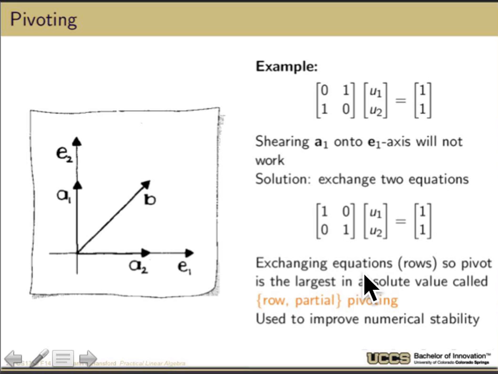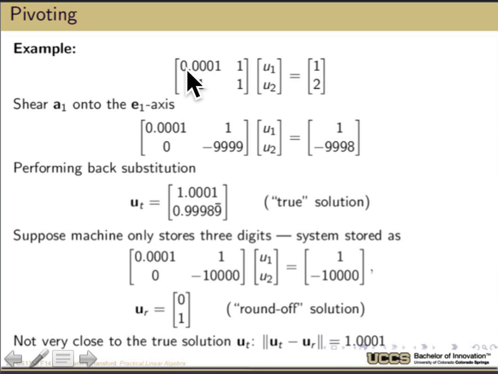And exchanging two rows, so the pivot in the largest absolute value is called row or partial pivoting, and we can do this to improve the numeric stability. So if it's 0, we have no choice. But what happens if the matrix we had was 0.0001, 1, 1, 1, whatever.